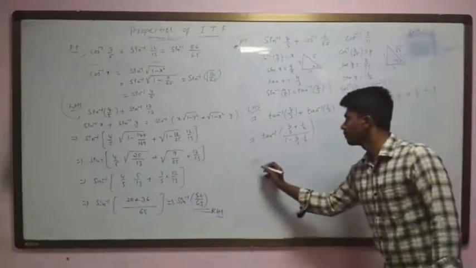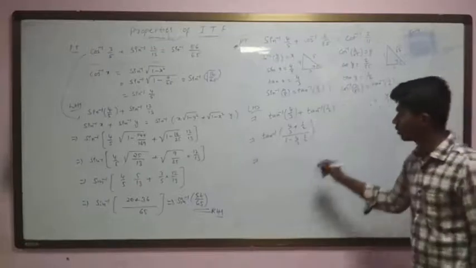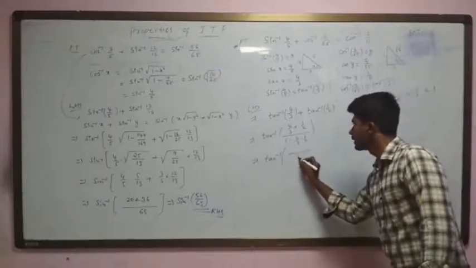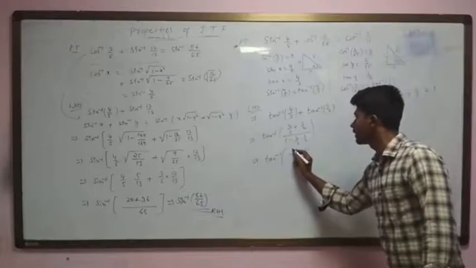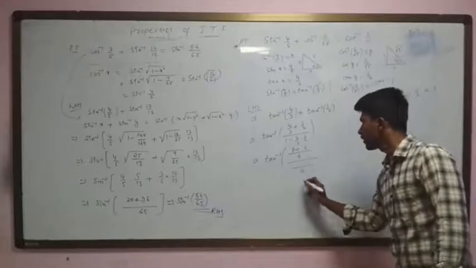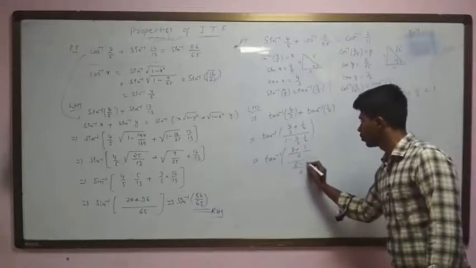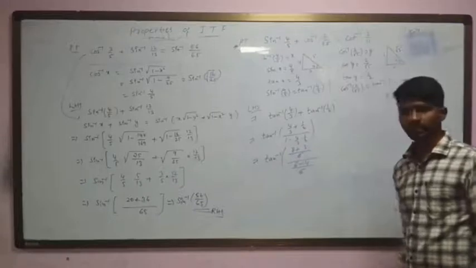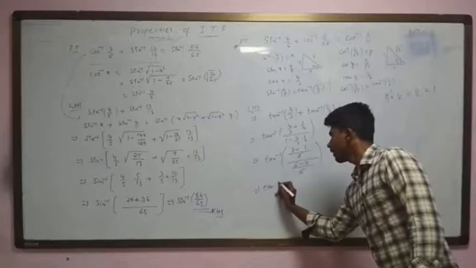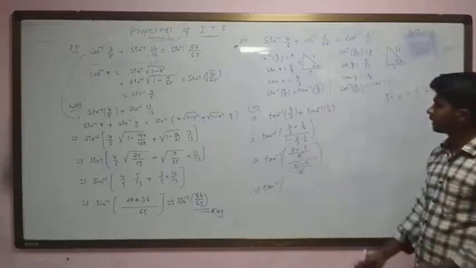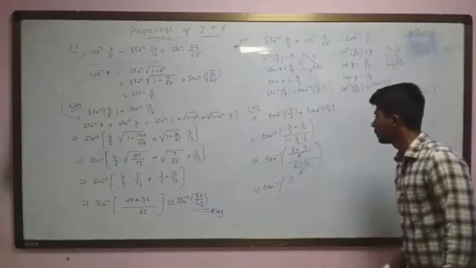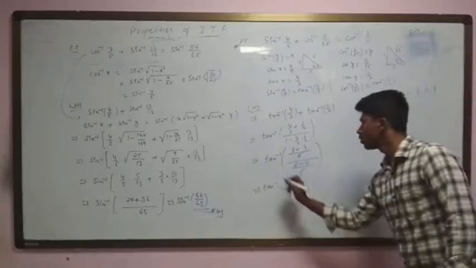So what is the LCM? It is 6. Tan inverse of 2 4s are 8 plus 3 by, the LCM is 6, 6 minus 4, and the 6 and 6 get cancelled. So what am I getting as the answer? Tan inverse of 8 plus 3, 11, by 6 minus 4, 2.